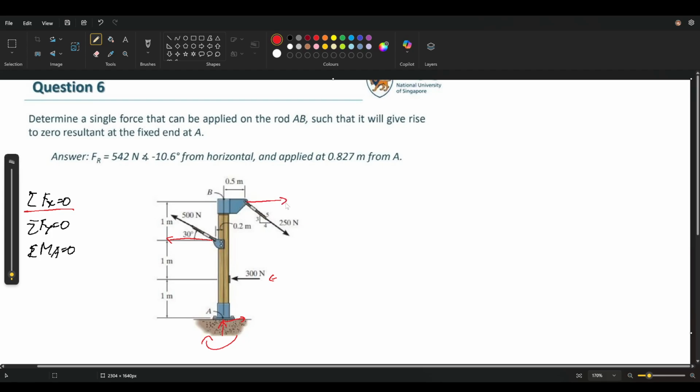Now, does the numerical value matter for the distance? I'm just repeating myself. No, it doesn't. Because we're just finding it in general along the X axis. So now we are going to assume that positive is in the right direction.